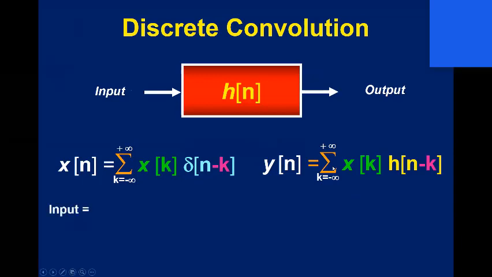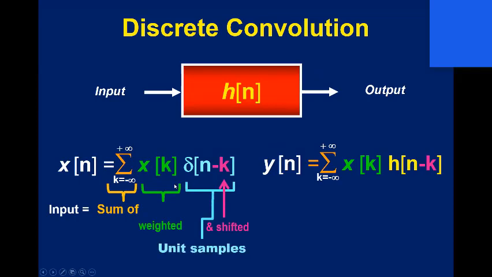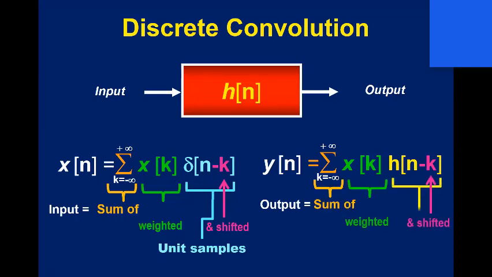It's based on the idea that if we can describe any arbitrary input signal as a sum of weighted and shifted unit sample sequences, where the weights come from the sample values of the original signal, then the output is nothing more than a sum of equally weighted, equally shifted unit sample responses, because it's a linear time invariant system. And that's all that this convolution summation is saying mathematically.